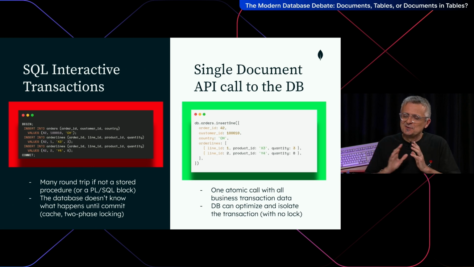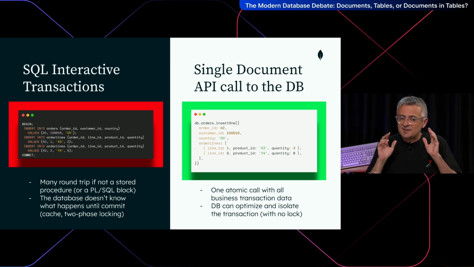Because if you have a single document, it's quite easy to have it atomic, ACID. If you have multiple documents that may go to different servers, when you want to scale out, then it has to manage distributed transactions and has another problem. So ideally, it's one document. It can have references to some static data, but the business transaction itself could be in one document.